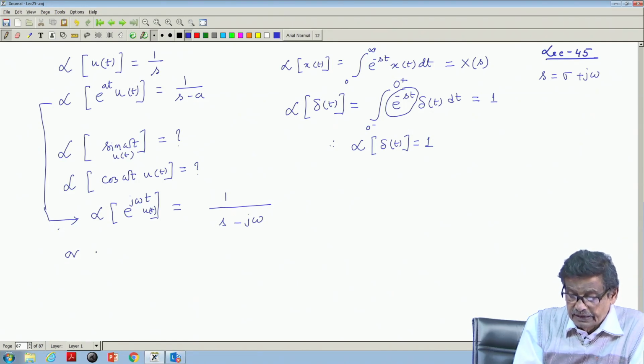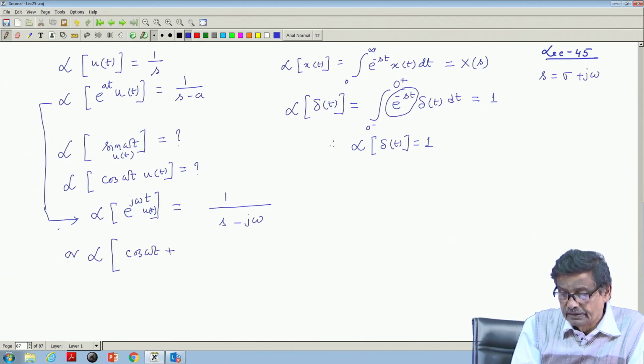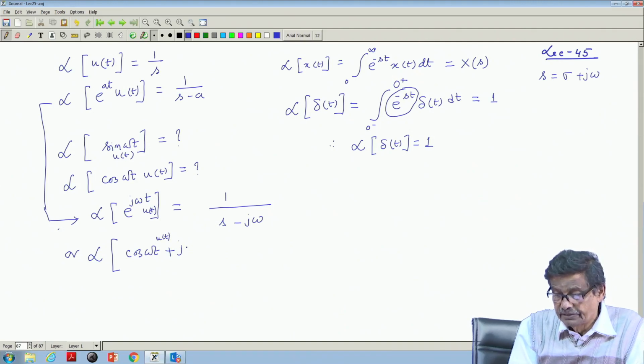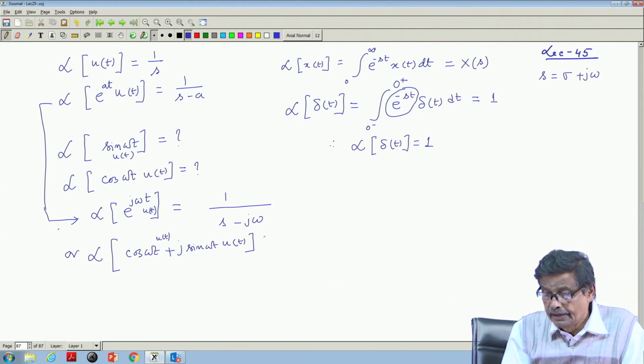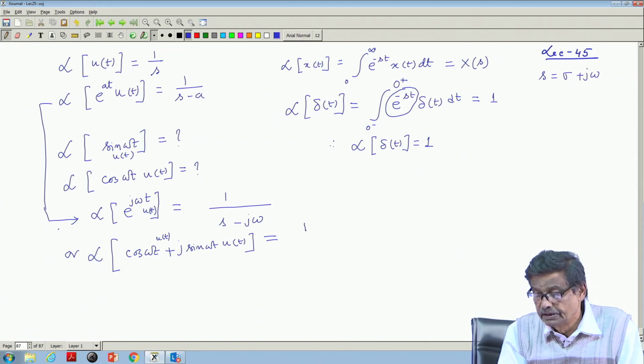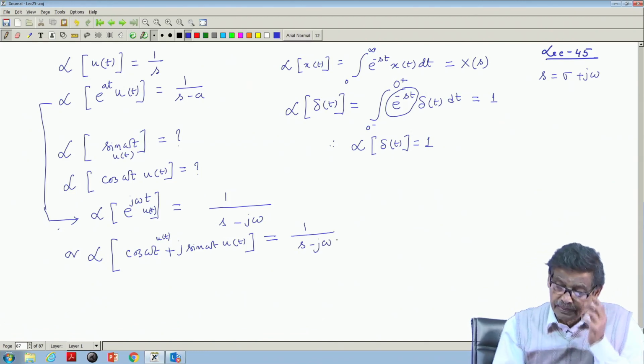Now, the Laplace transform of e to the power j omega t into u(t) is nothing but the Laplace transform of cosine omega t u(t) plus j of sine omega t into u(t), is it not? And this Laplace transform is 1 over s minus j omega.